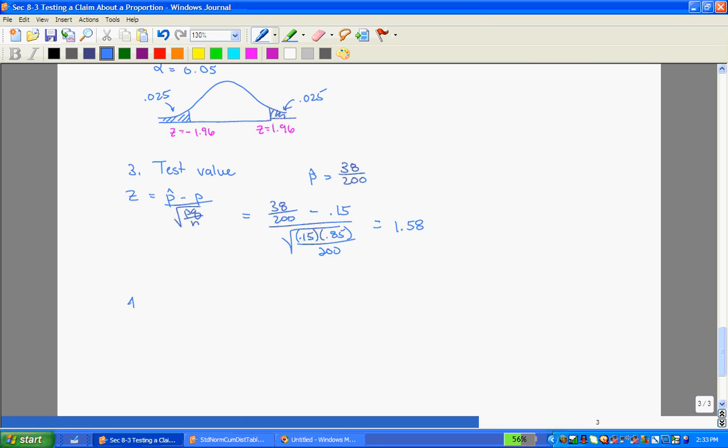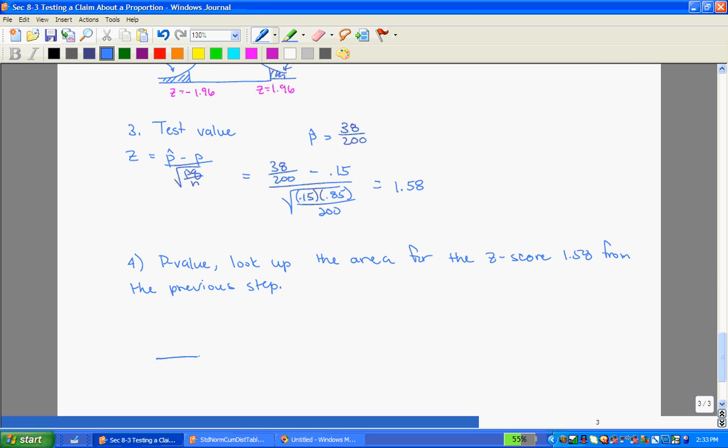Okay, so here's where the change happens for p-value. For p-value, I'm going to look up the area for the z-score 1.58 from the previous step.